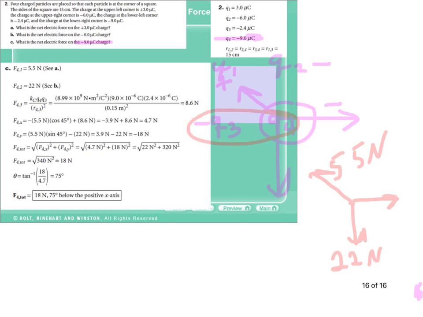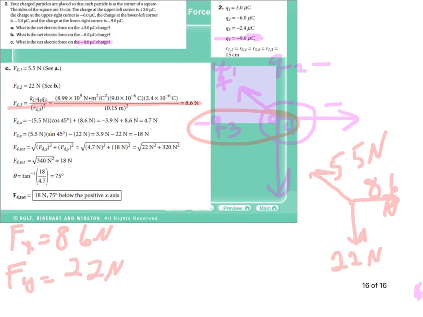Using Coulomb's law, we get 8.6 newtons. And so we got, in the x direction, 8.6 newtons. In the y direction, we got negative 22 newtons. But then we have to break down the 5.5 newtons into its components.